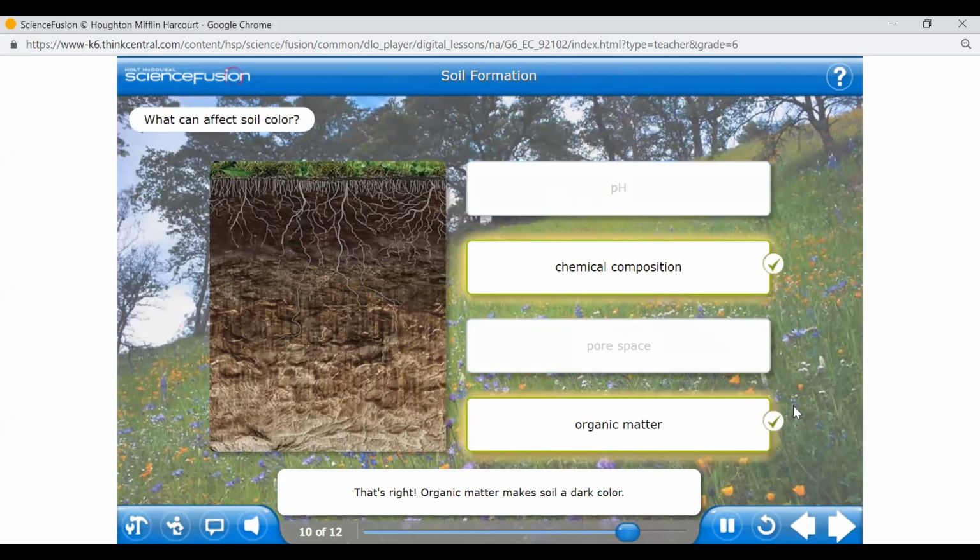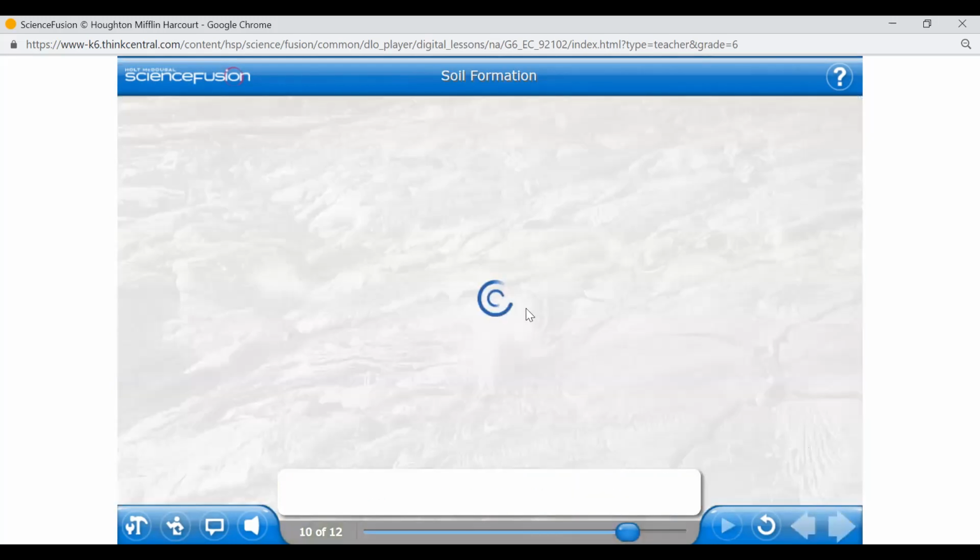That's right, organic matter. If organic matter is there, the soil will be dark brown in color. Also the pH, you remember I told you pH changes the color. These all affect it, but mostly the two.